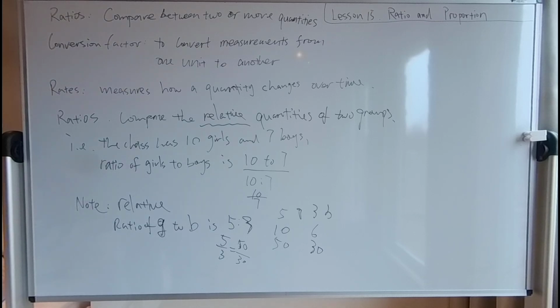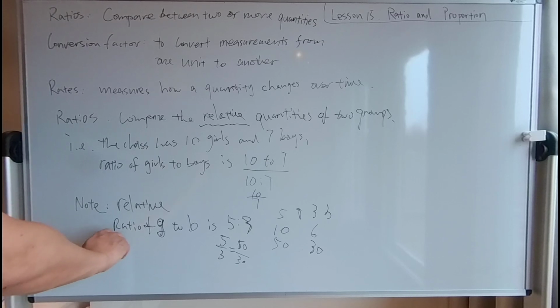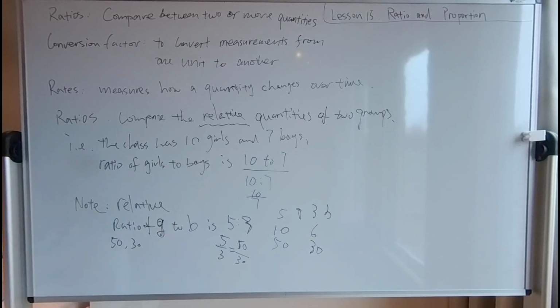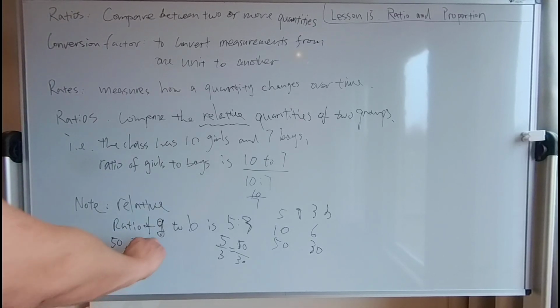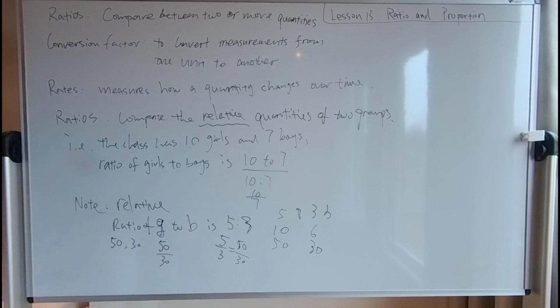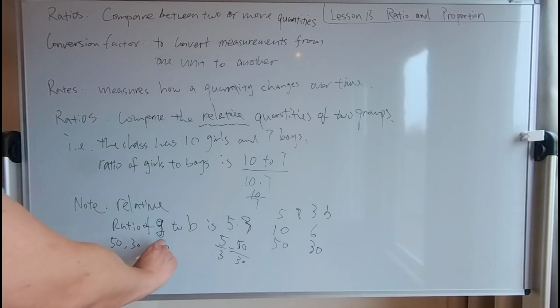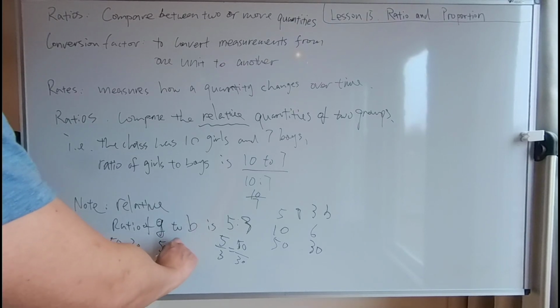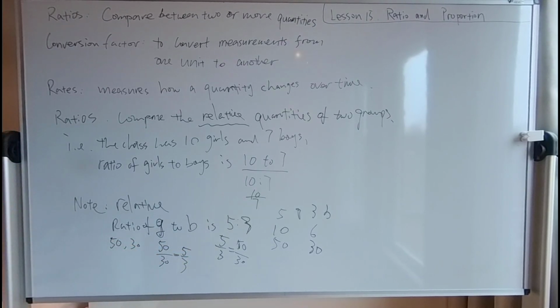Of course, usually when we write out the ratio, like a fraction, we will also want to write it in a simplified way. Even if I have 50 girls and 30 boys in the class, and I want to write the ratio, I would initially write 50 over 30, but I still want to simplify this. 10 is a common factor, so it can be simplified to 5/3.